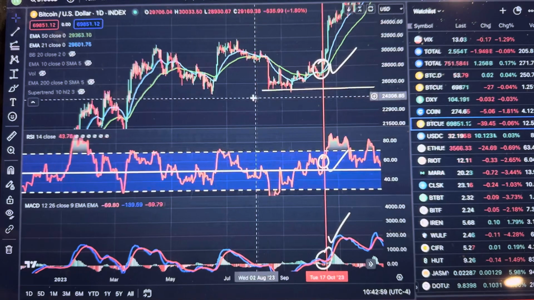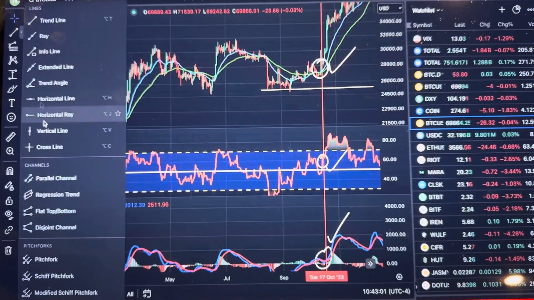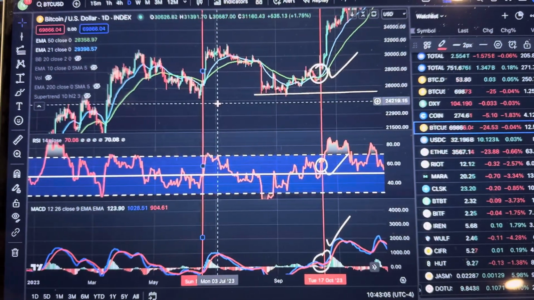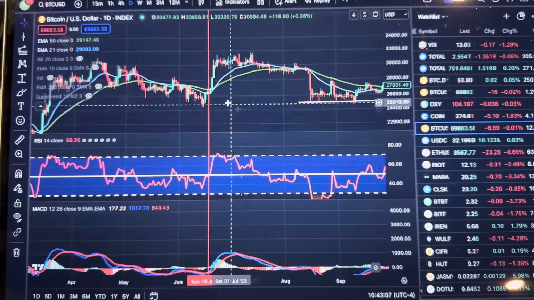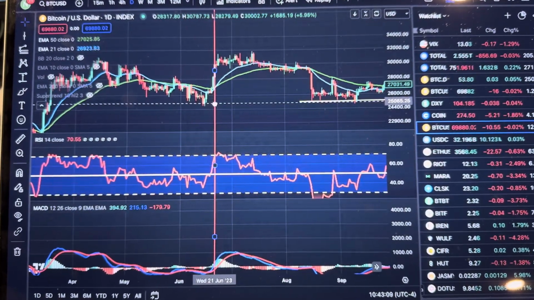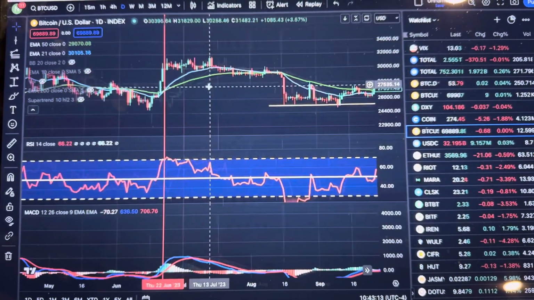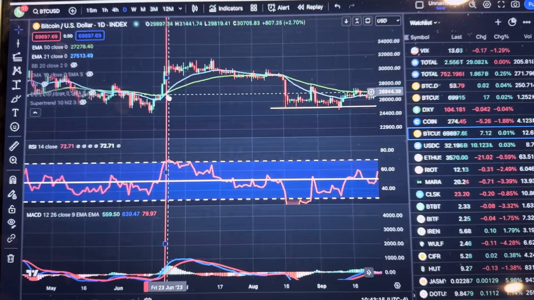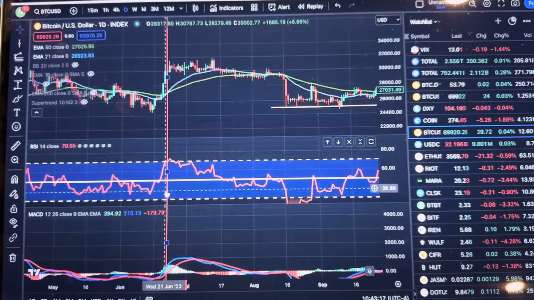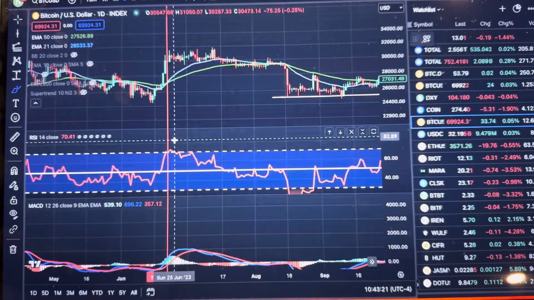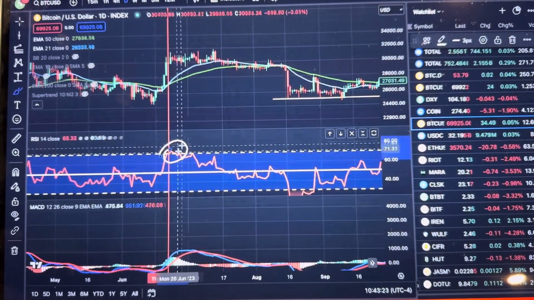Before that, when was the best time to get in? Well, remember, sometimes you're not going to be successful, which is perfectly fine. So right here, price above your moving average, 21 above your 50. Yeah, this one you want to be careful because the RSI is already in the 70s. So this is no good.